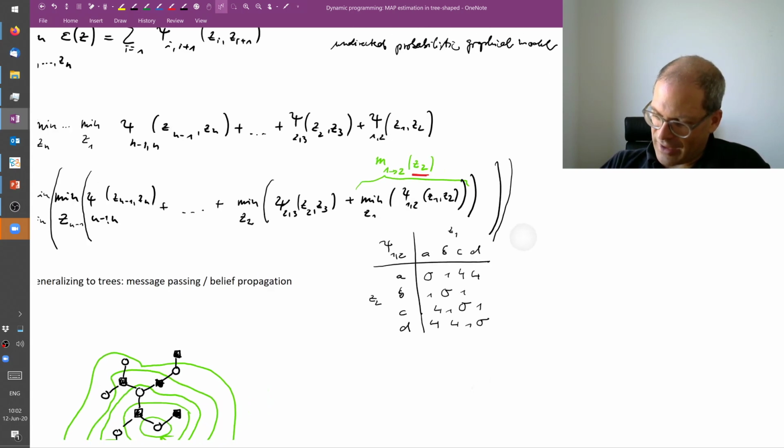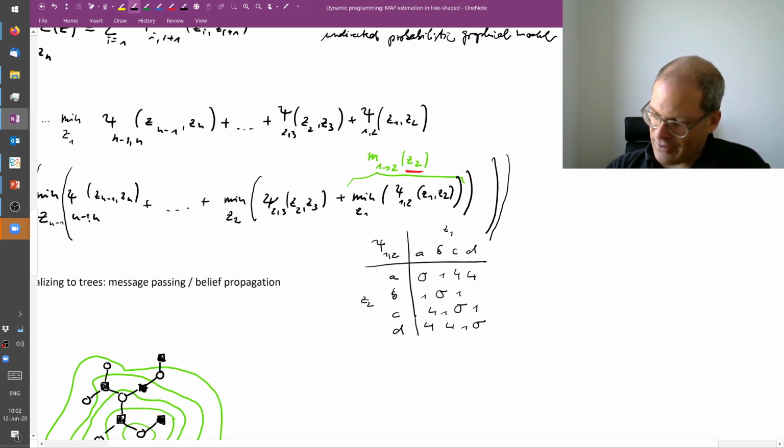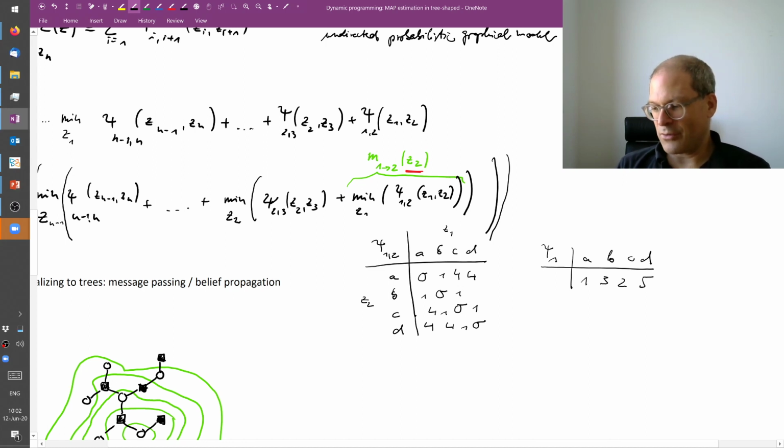So, for example, I could say that a unary table here would be, I'm making up these numbers now, this would be the cost of psi1 associated with states A, B, C, D. And so now we do have a preference, namely state A here is the cheapest one.